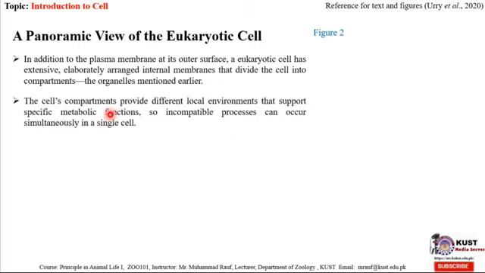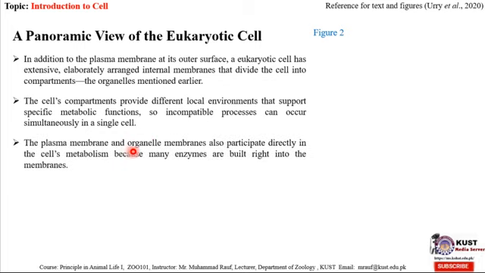The cell's compartments provide different local environments that support specific metabolic functions, so incompatible processes can occur simultaneously in a single cell. So these compartments enable the cell to carry out different types of activities which would not have been possible inside a cytoplasm.